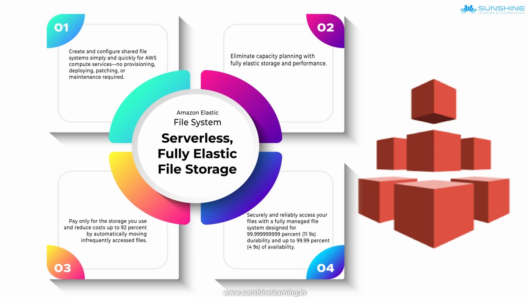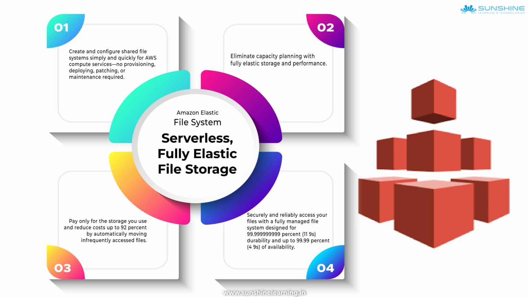So with the help of an EFS, we can create and configure shared file systems simply and quickly for AWS compute services. No provisioning, deploying, patching or maintenance is required. We can eliminate capacity planning with fully elastic storage and performance. Only pay for the storage you use and reduce costs up to 90% by automatically moving infrequently accessed files.